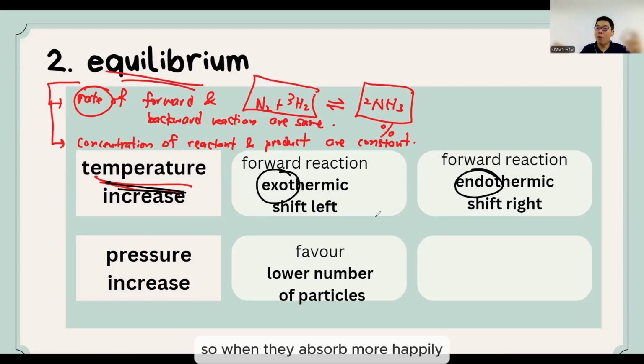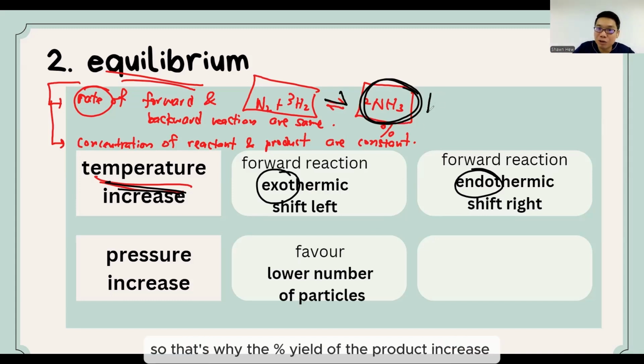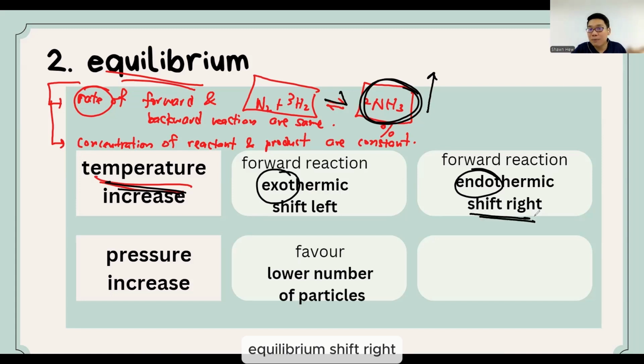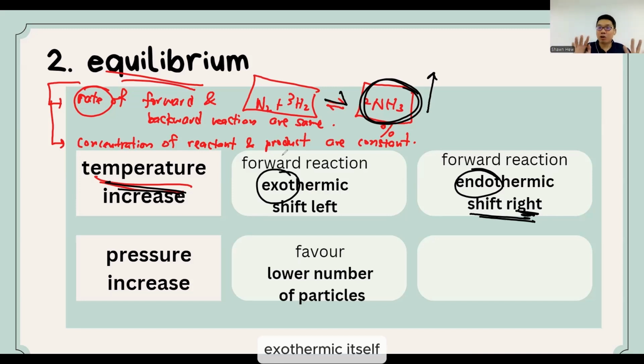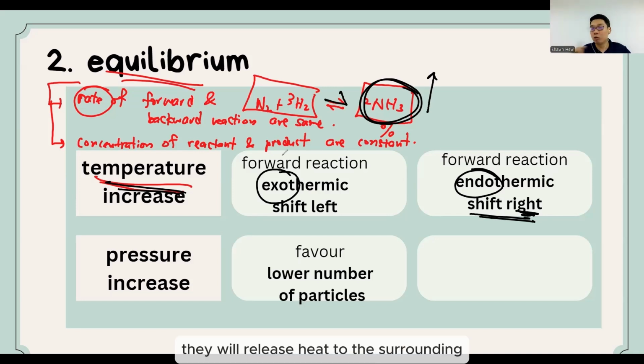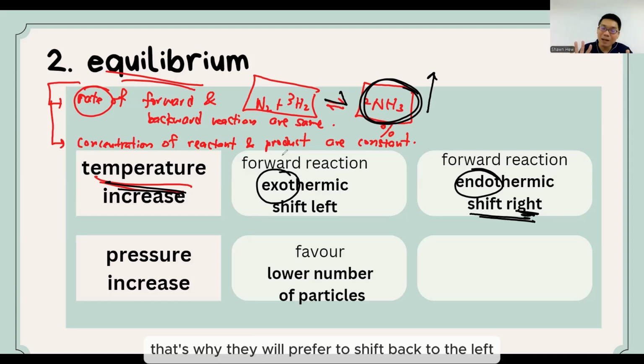So when they absorb more happily, they prefer to shift to the right. So that's why the percentage of the product will increase. Equilibrium shifts right. But if the forward reaction is exothermic, they release heat to the surrounding, and then if you still supply them more energy they don't like it. That's why they will prefer to shift back to the left.